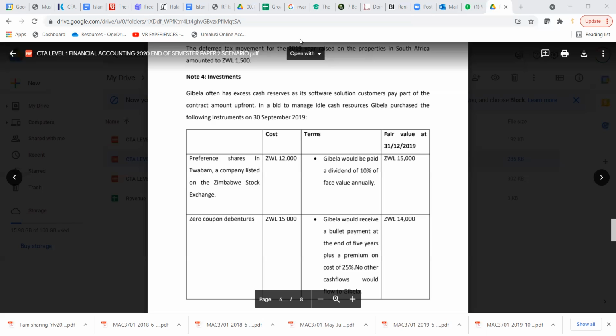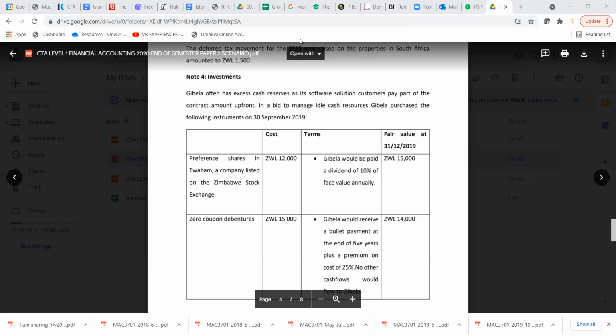Okay, so it's very, very important. So if it's not amortized cost, then it's either fair value through OCI or fair value through P&L. It can only be fair value through OCI in one of those two instances. One, where you choose to elect. The second, where you have to make it fair value through OCI.